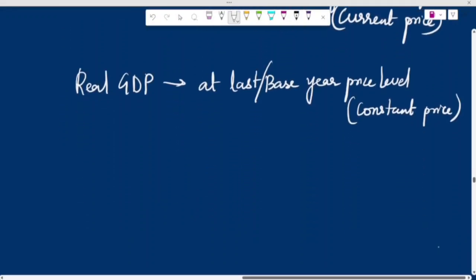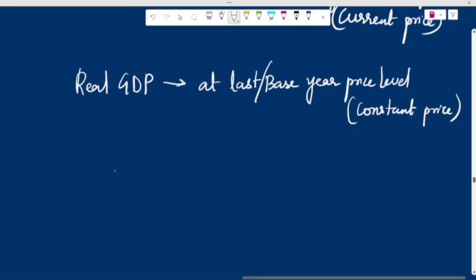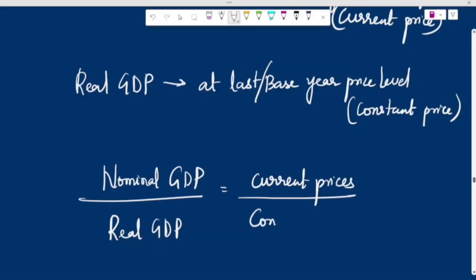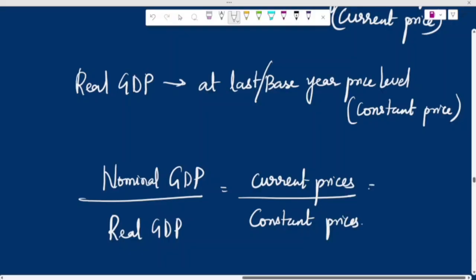So there will be a difference, right? Nominal GDP by real GDP is nothing but GDP at current prices by GDP at constant prices. There will be an increase or decrease. So here we can write that this will be equal to inflation.